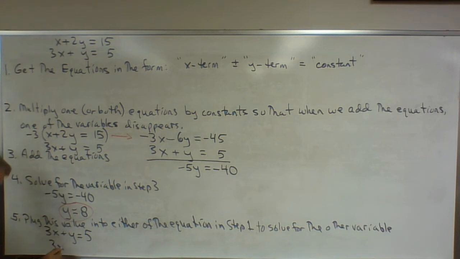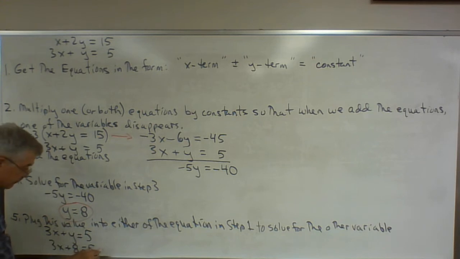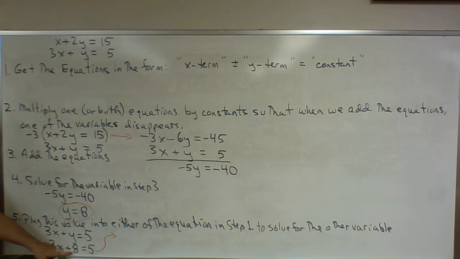So that will give me 3x plus 8 is equal to 5. And then I'll move this 8 to the right side by subtracting 8 from both sides.